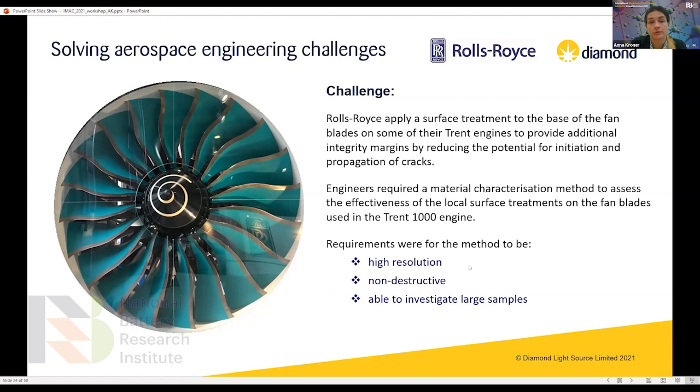And they needed a facility where they can put the whole fan blade in in one go, somewhere suitable for large samples.